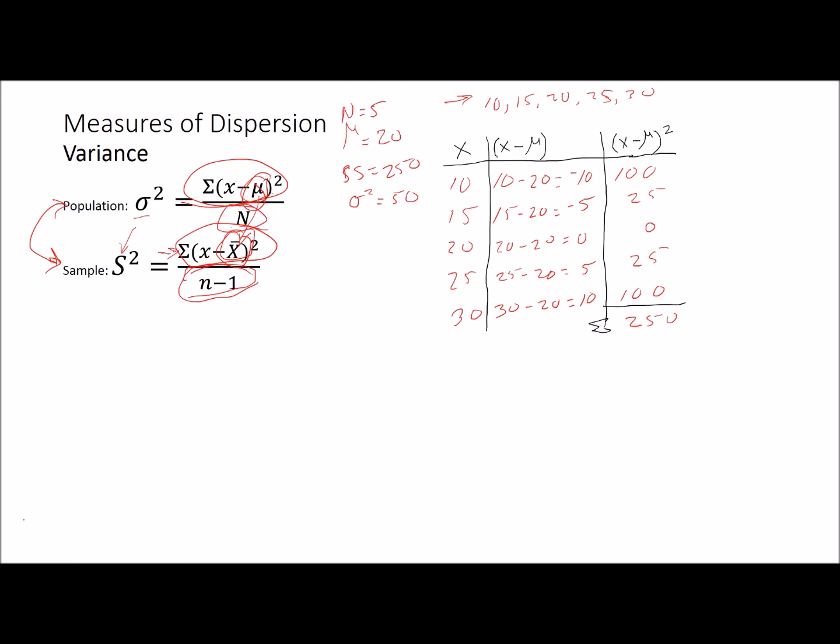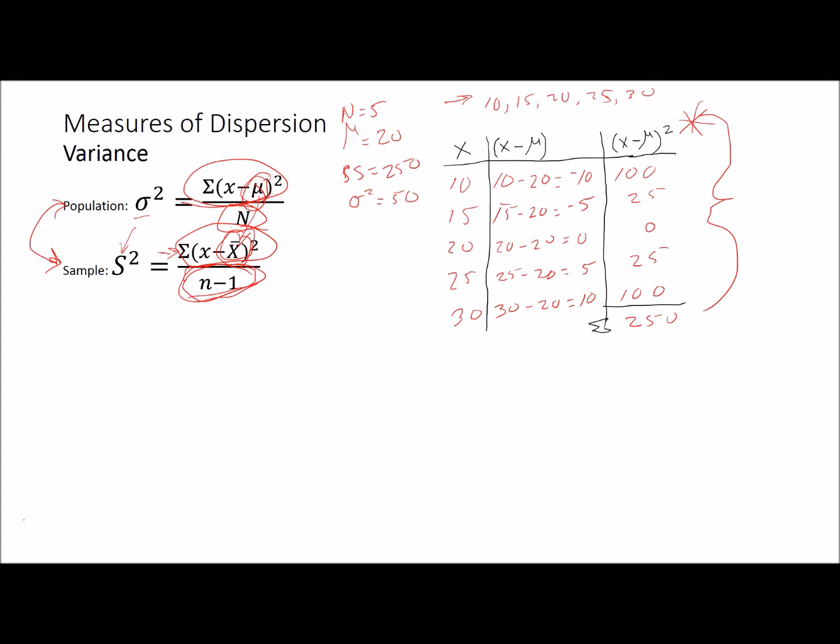The rest, this stuff all here, stays the same. You don't have to worry about redoing this if you've done it as a population and now you want to try it as a sample. None of the stuff in this chart is going to be different. If you're just calculating a sample, this chart works the same way.